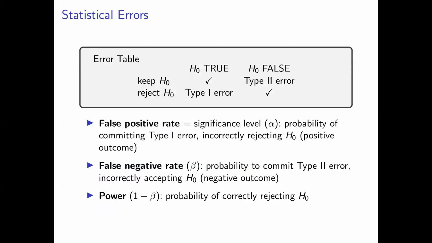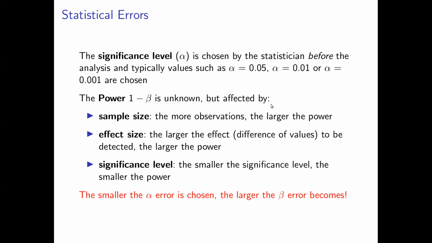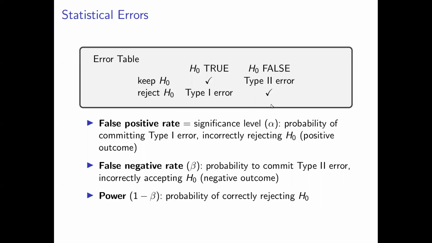So let's take a look at statistical errors once we are revising hypothesis testing in general. We remember that whether the null hypothesis is true or false, we will always do nicely and correctly if we keep a true null hypothesis, and if we reject a false null hypothesis, then we're making the right decision.